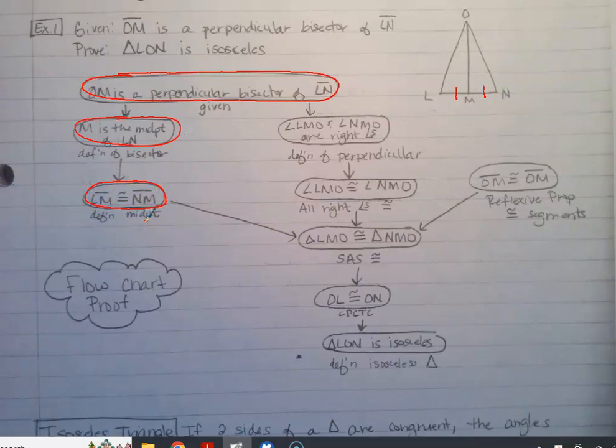So you can track a little bit. Here we had the word midpoint, and midpoint came into our definition down here. Here we had bisector, and we used the definition of bisector there. So those are coming into play. So we just proved that LM is congruent to NM.